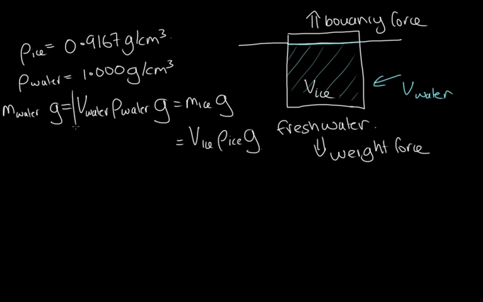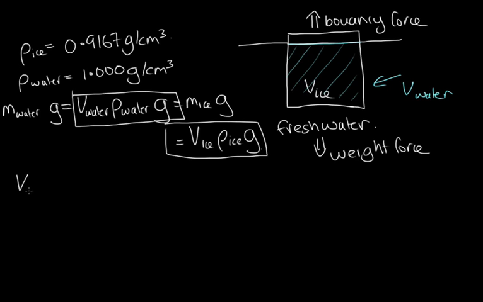So now what we want to equate is this part here and this part here. So we've got that the volume of the water times the density of the water times G is equal to the volume of the ice times the density of the ice times G. And these G's cancel out, they're both just 9.8.